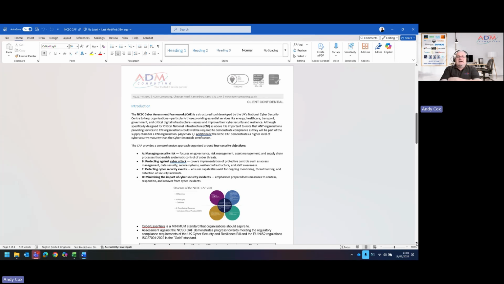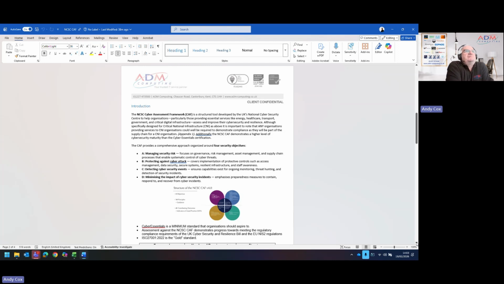Okay, so as it says here, the cyber assessment framework is a structured tool developed by the NCSC to help organisations, particularly those providing essential services, to assess and improve their cybersecurity and resilience. So this ties in very closely to the upcoming UK Cyber Resilience and Security Bill, which is wending its merry way through Parliament at the moment.